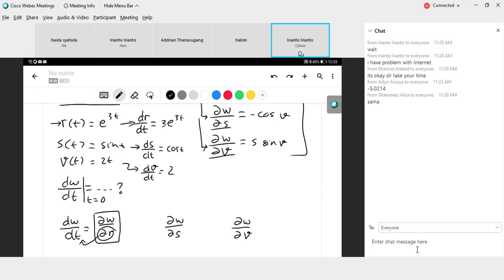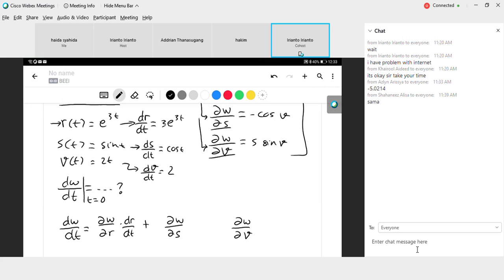Here we use the chain rule. This one, if I multiply with dr dt, the simple way to understand is cancel dr with dr, I get dw dt. But actually it's not cancelled. It means differentiating r with respect to r, that will be 1.